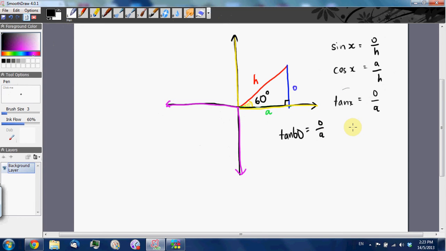If you put tangent 60 into your calculator, it will give you root 3. Which means the ratio of the opposite to the adjacent is root 3 to 1. For example, this could be root 3 and this could be 1, or this could be 2 root 3 and the adjacent could be 2, as long as the ratio is root 3 to 1.